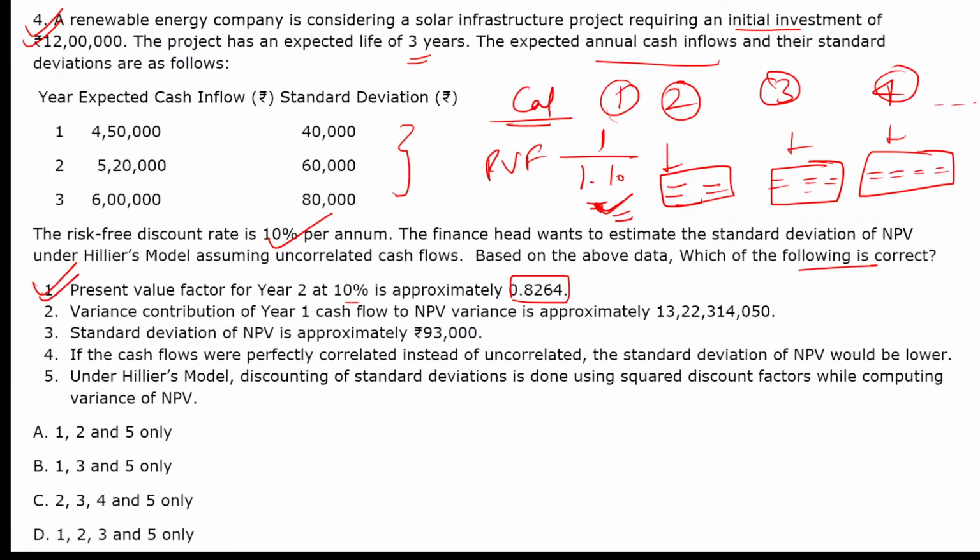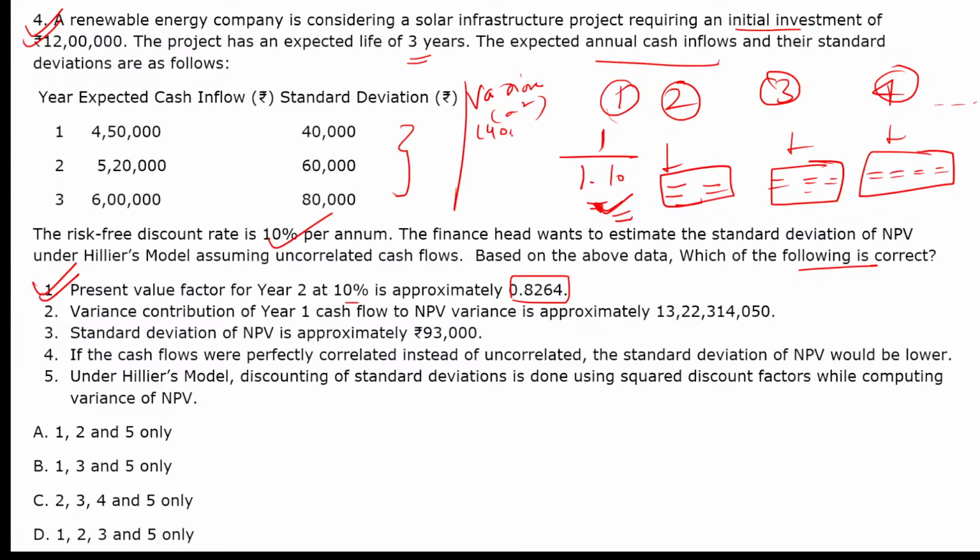Variance contribution for year 1 is approx 1322,314,050. Let's calculate it. For year 1, how much amount are you getting as variance contribution? So standard deviation is 40,000. The variance will be the square of standard deviation.